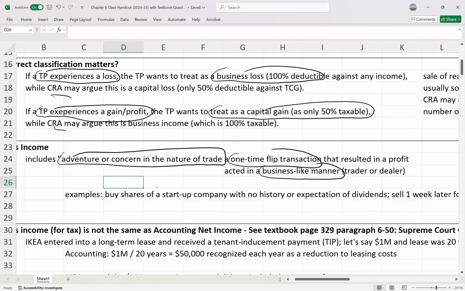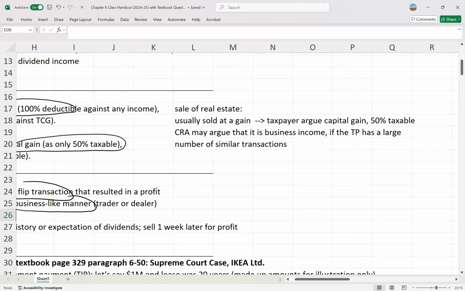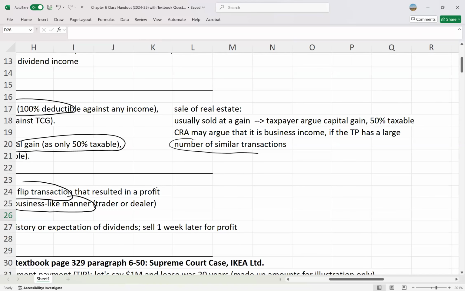Remember, if there are a number of similar transactions, that would be an argument in favor of the CRA that it's business income, like you're buying and selling inventory. You're buying and selling a bunch of real estate all the time, so that would be a sign that it's business income.